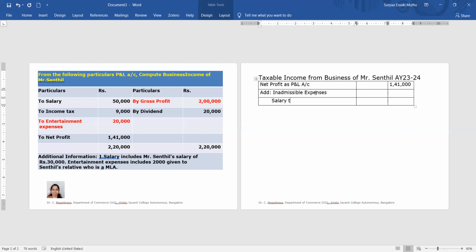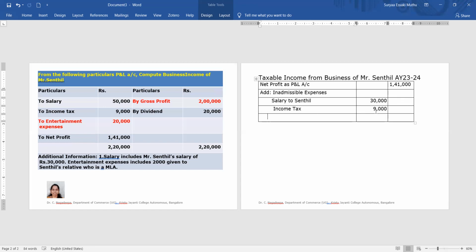Salary to Senthil. How much will we write in the inner column? That is 30,000. Next is income tax, which is not allowed. Income tax, the entire amount is not allowed. So I'm going to write the entire amount, that is 9,000.